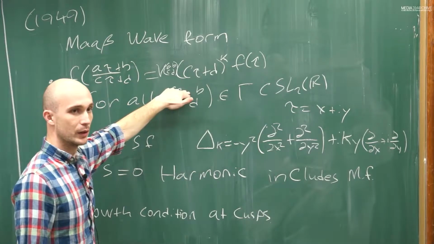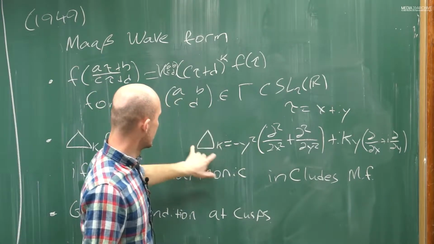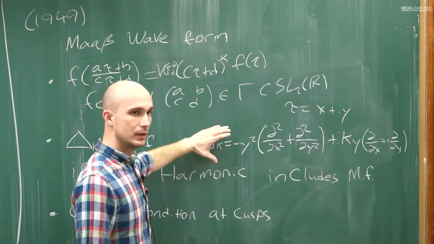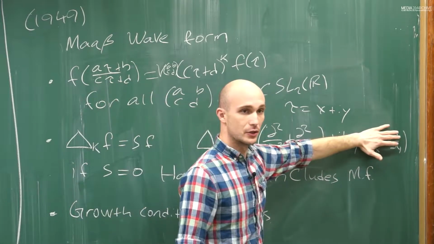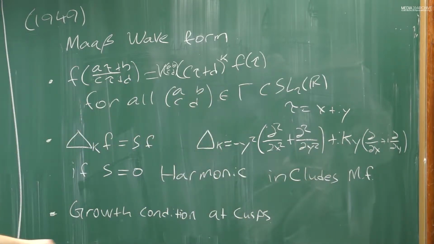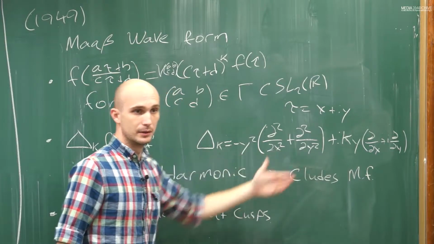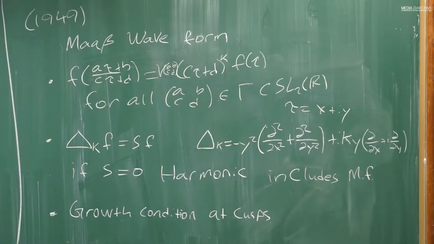In that case, you'd adjust your hyperbolic Laplacian in a similar way, and you end up losing this term. So then you're always looking at just the standard Laplacian, and harmonic comes to mean the same thing in the traditional sense.